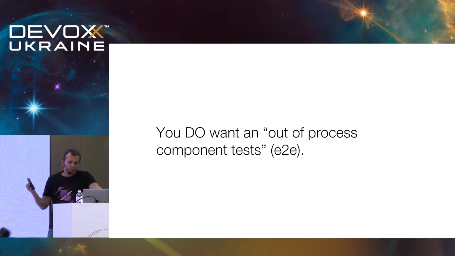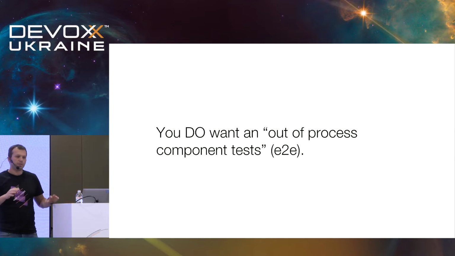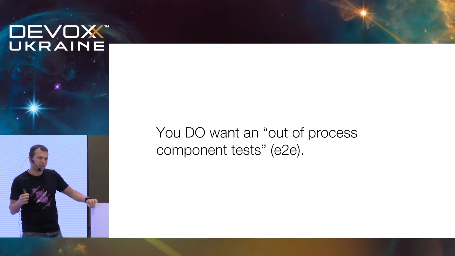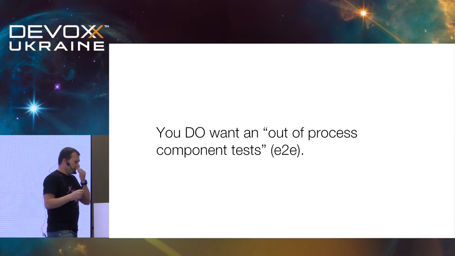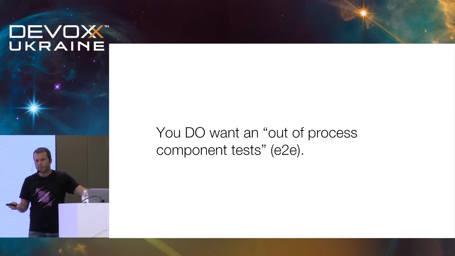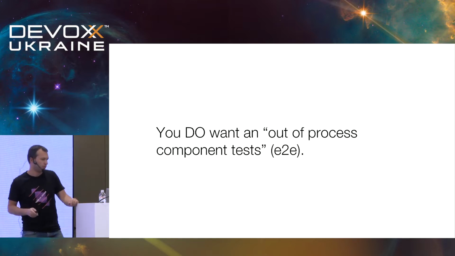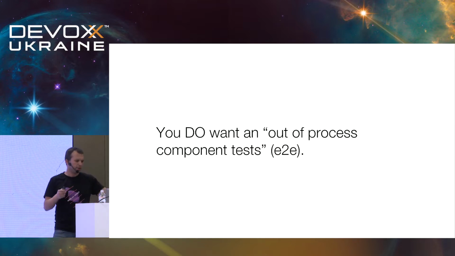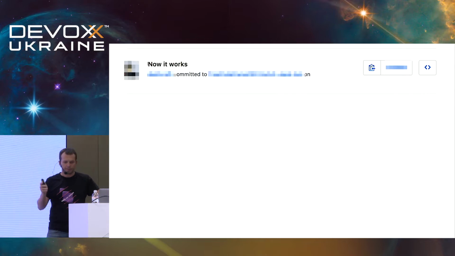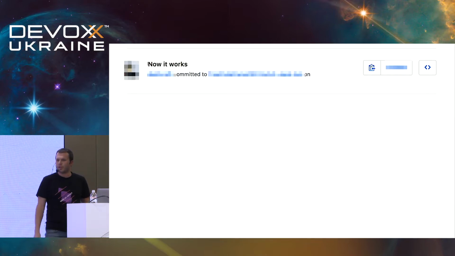And you want it because you want to avoid these embarrassing moments when you're doing just a small change, like this tiny change, and you're sure everything is okay, and you deploy it, and boom, it doesn't work. And you look at the code and say, oh, okay, I know, I missed, I don't know, a comma here or something. It's a typo. I'll fix it. And you put this comment in your commit, right?